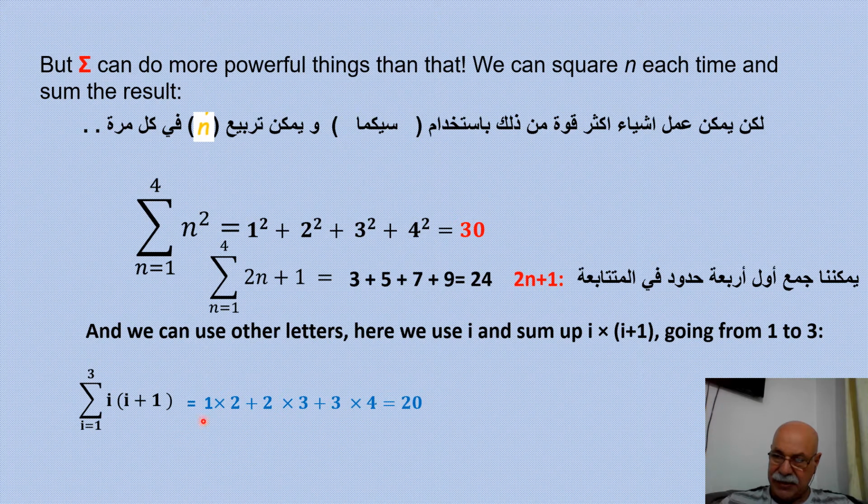You see 1, 2, 3, 4, equal 20. 20 is the result, the answer for this element I times I plus 1.